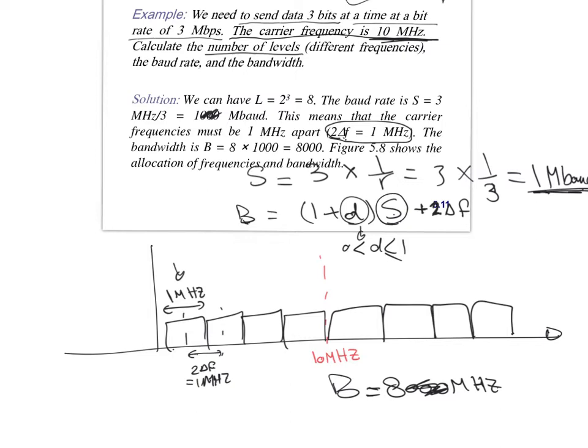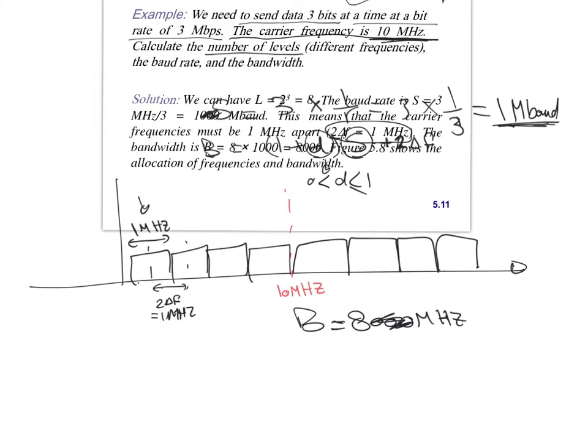So if we have this 8 megahertz, then we can transfer the FSK 3 bits at a time for all the 8 symbols. Now we want to write the general formula for calculating the FSK bandwidth.